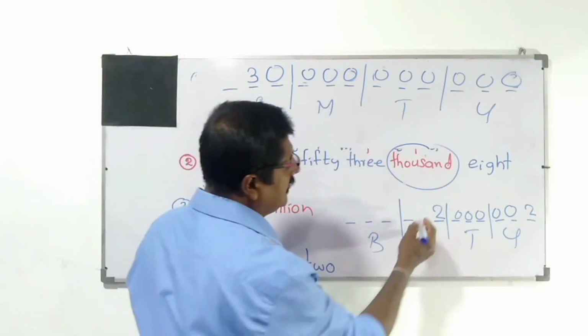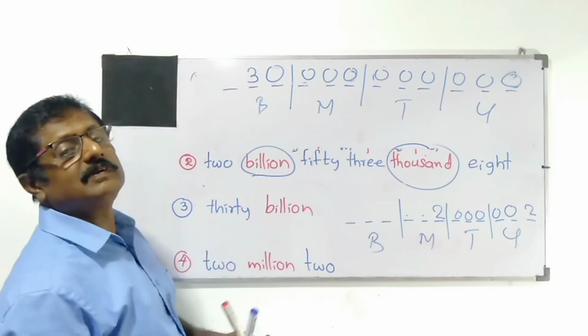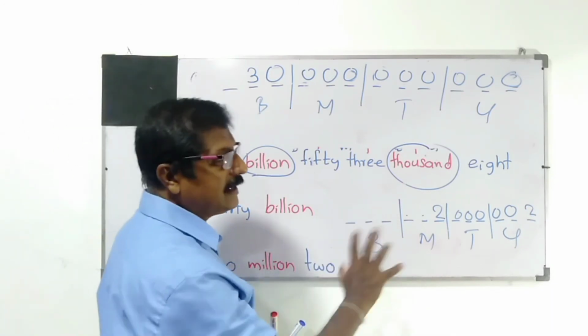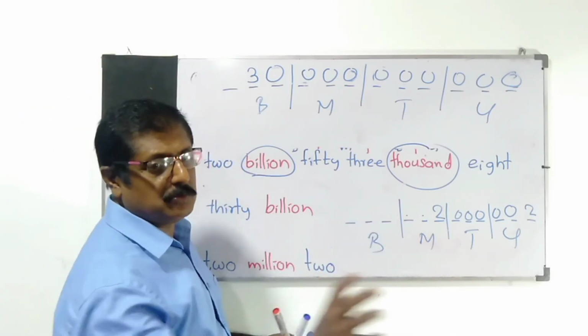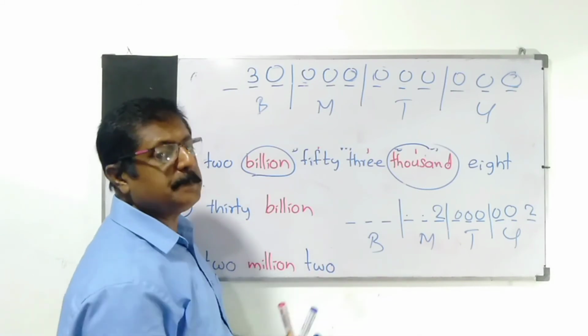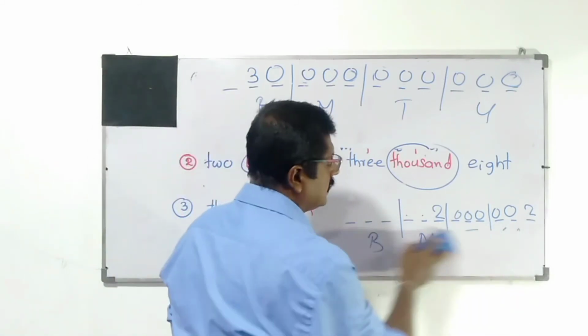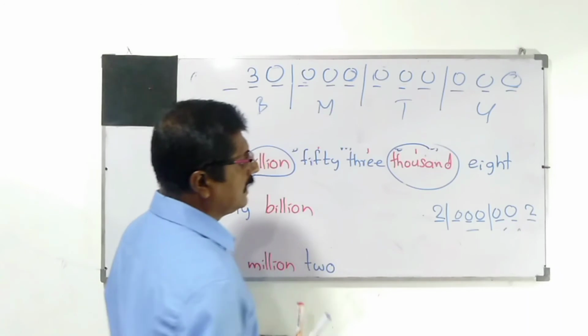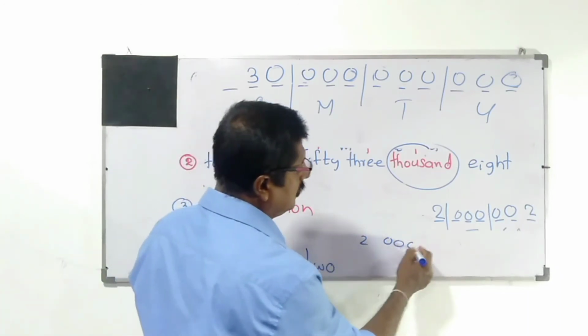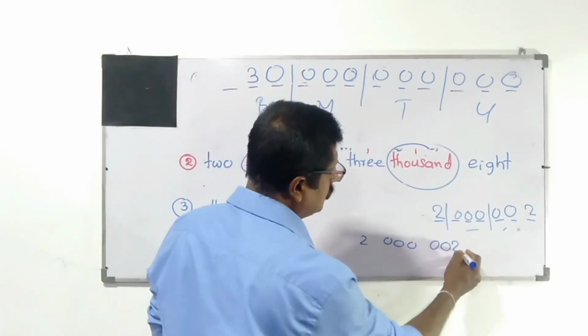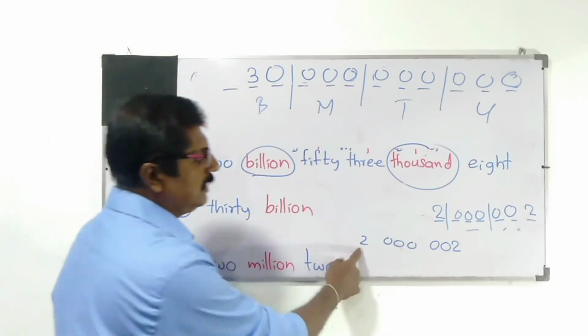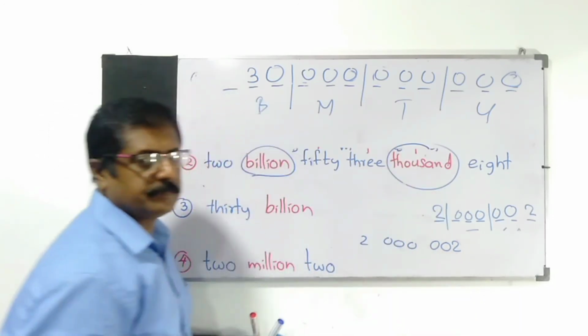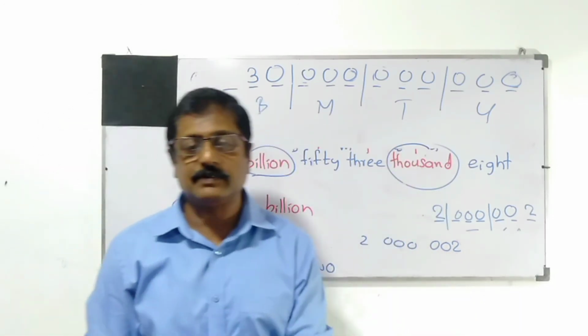But in here you need not put zeros because they are not place makers. They do not change the places. Therefore, you need not put. Okay. Then you write the number 2 0 0 0 0 2 like this. 2 million, no thousands, 2. So this is the way you write numbers.